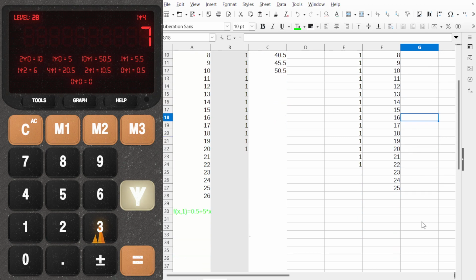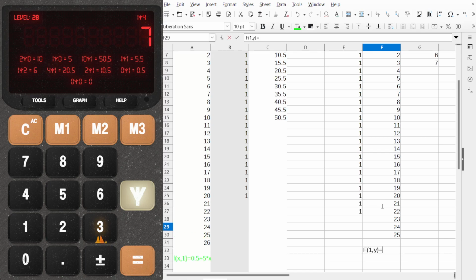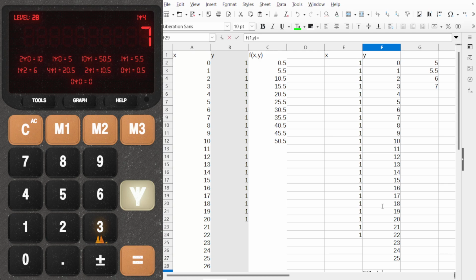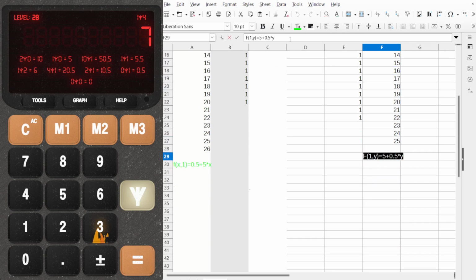So right here I'm expecting f of 1y equals 5 plus 0.5 times y. Just checking. Yeah, this is a 6.5, this is a 7, this is a 7.5. Okay.